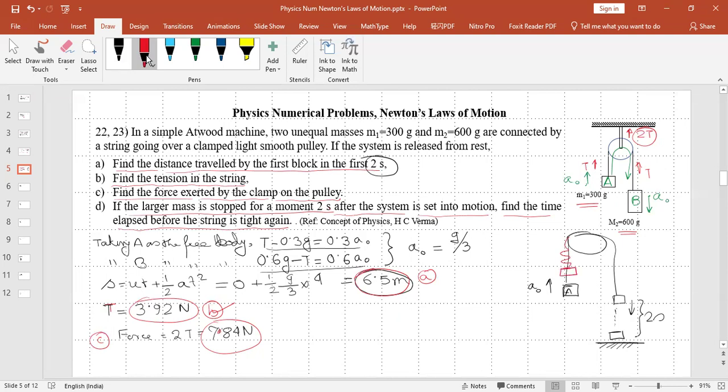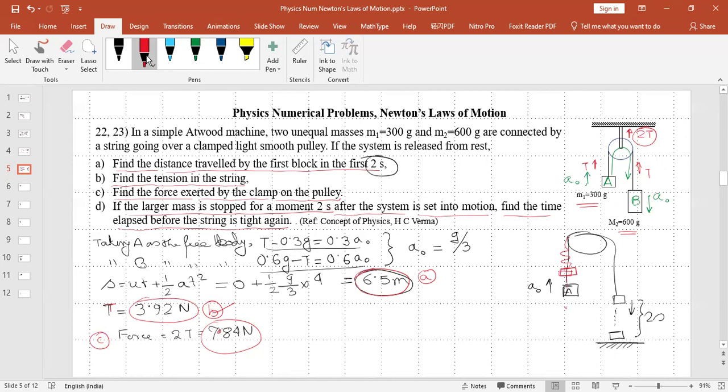Body A will continue to move upward. But how long? Since the string is slack, there is no upward tension. The body will move upward and come to zero velocity at some point. When it comes to zero velocity, once again it will drop down and the string will become tight.